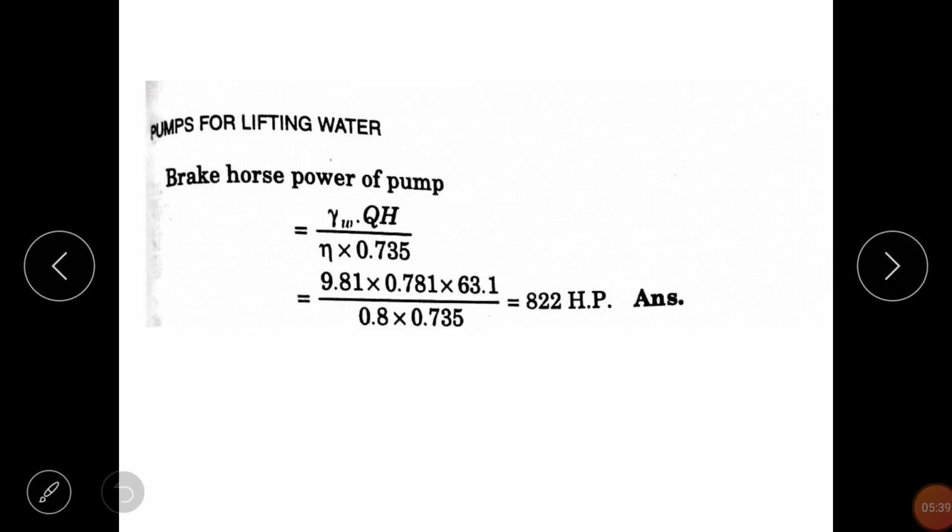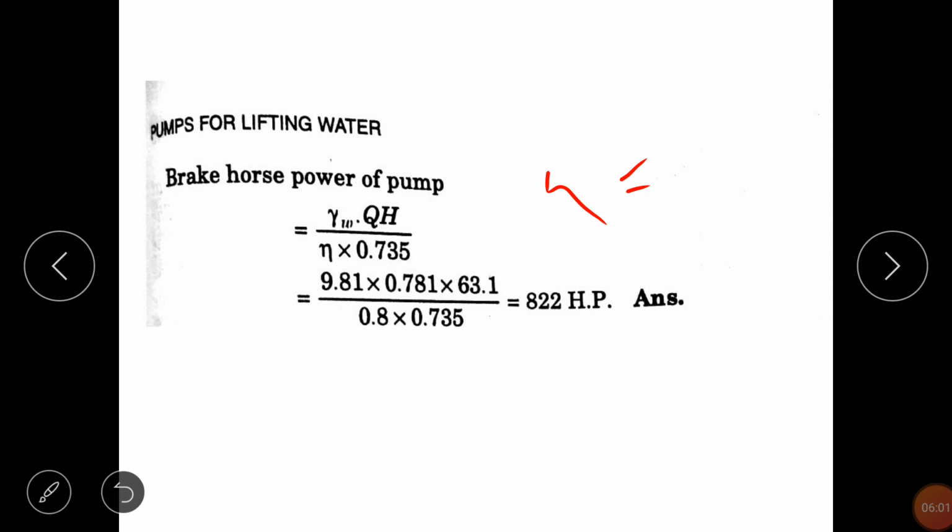This is nothing but the efficiency of the pump, how efficiently it works. For that we have one formula: rho W into Q into H divided by nu into 0.735. Here nu is the efficiency, which is given as 80%.